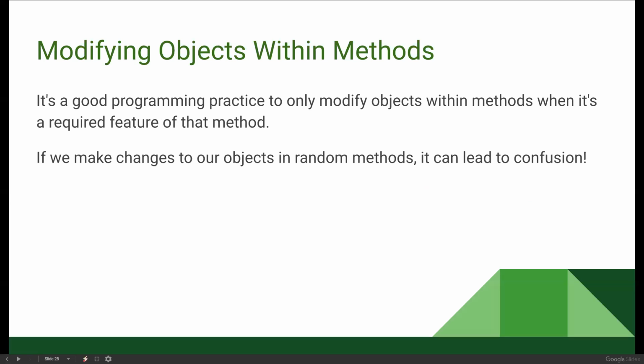If our objects are just being changed wherever, whenever in random methods, we can potentially confuse users. So we want to expressly tell people when this object is going to be changed. Otherwise, we're just going to be using this object, using the values within it.